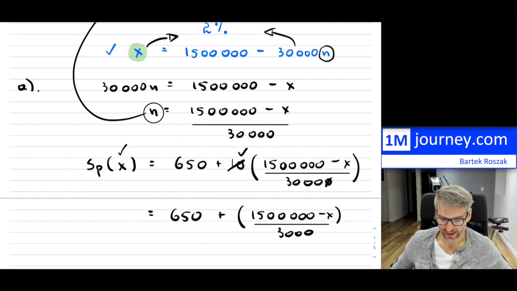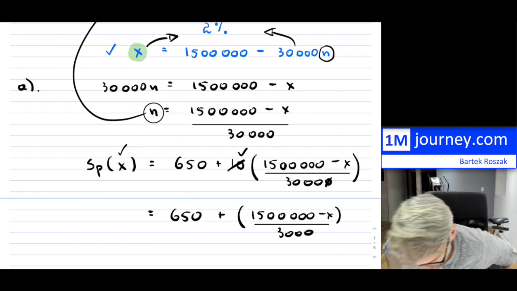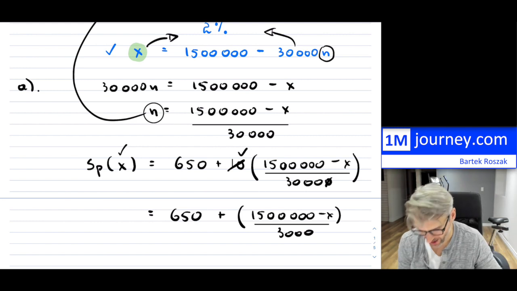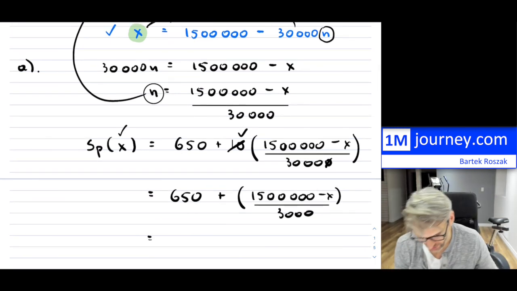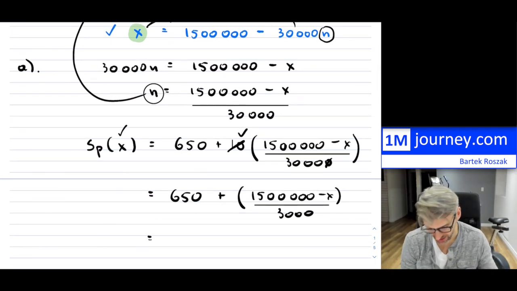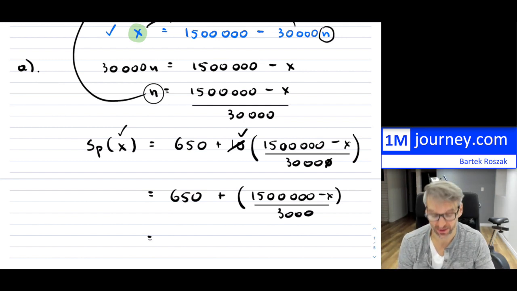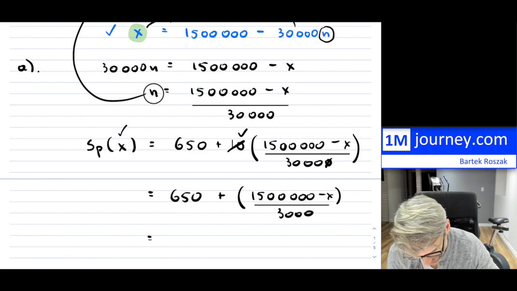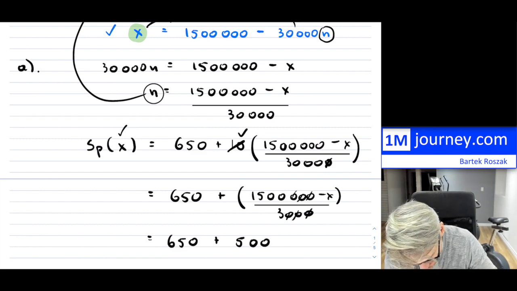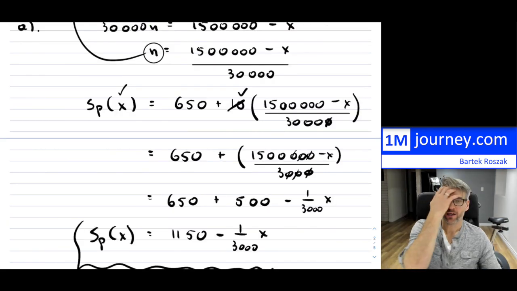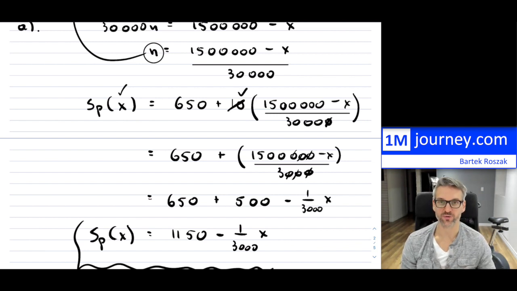This is actually nothing else but simply a line. I will simplify it just to make my life a little bit easier. All right, so there you have it. That is my demand function, which is really just the sales price.